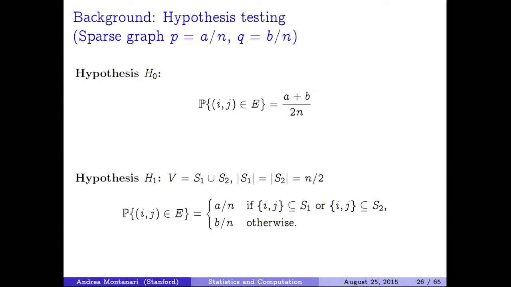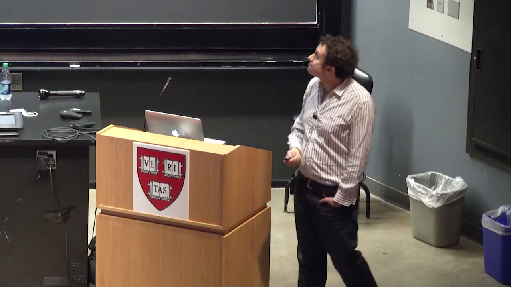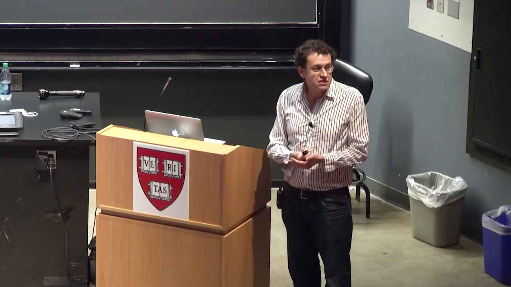Under the alternative, edges that are within each side of the partition are present with a slightly larger probability than the others. Okay? And here I set the edge probability to be constant over n, scaling like 1 over n, simply because this is the most difficult regime. Okay? So is the model clear?